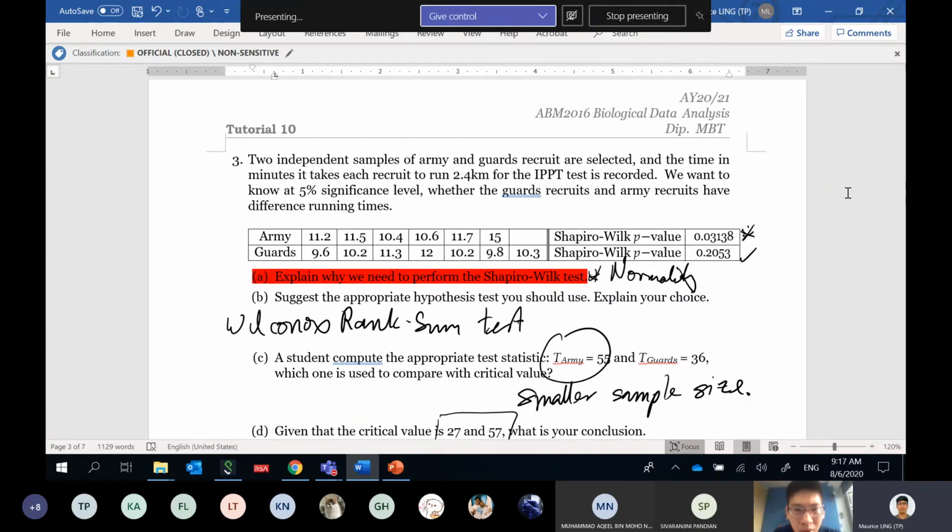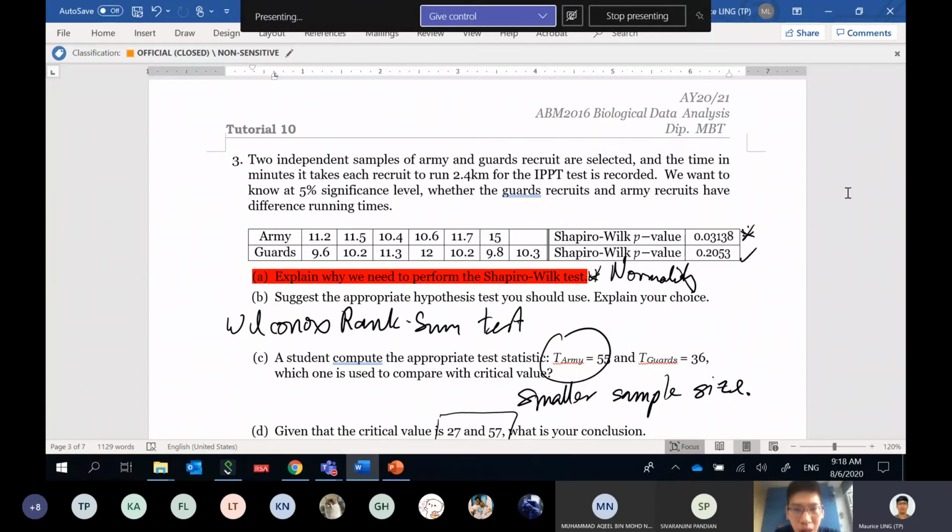However, having said that, statistical tests have this thing called robustness. Robustness simply means how badly the data must fail the assumption before it will break the test.